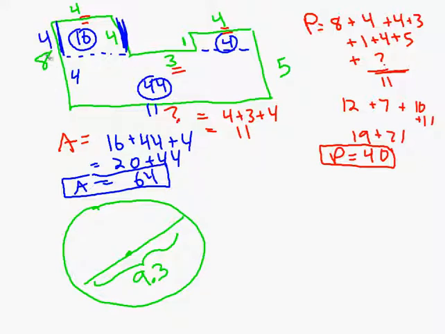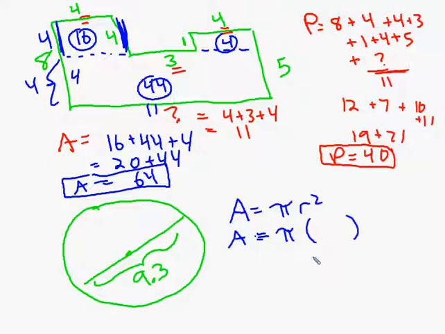All right, area of this is pi r squared. What is the radius of this? Use your calculators. 9.3 what? Squared? No, we do not do 9.3 squared.